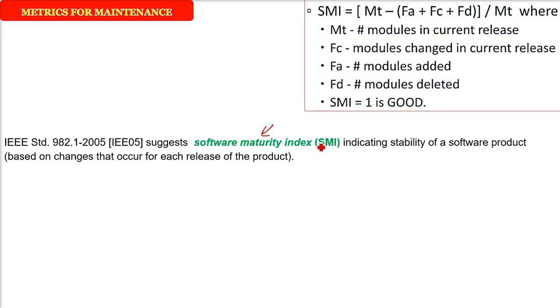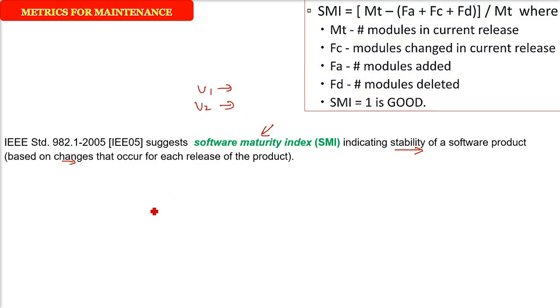It indicates the stability of a software product, and this is based on the changes and modifications that occur for each version or release of the product. So maintenance is all about this. There is version 1, there can be version 2, there can be multiple versions. Every time some module will change, some module will be added, some module will be deleted.